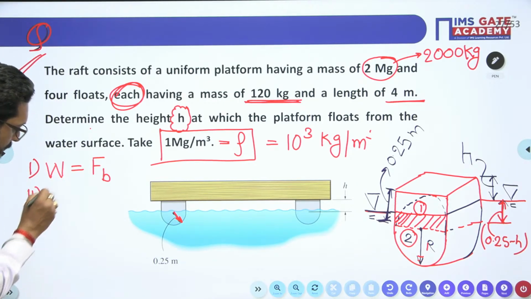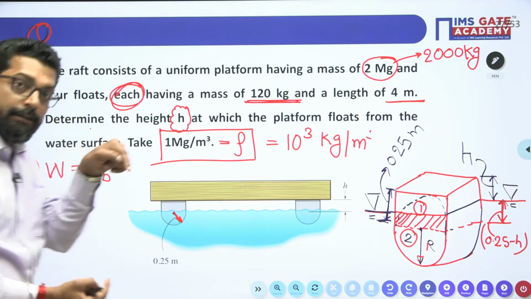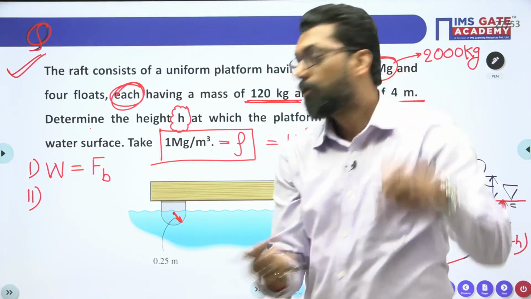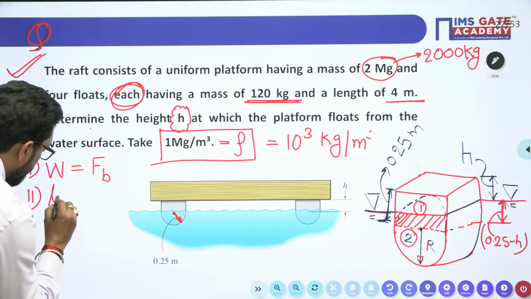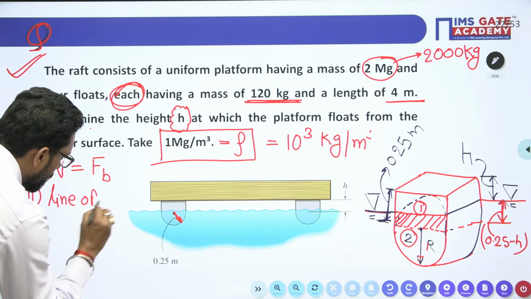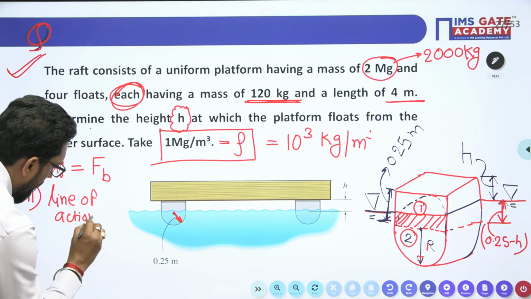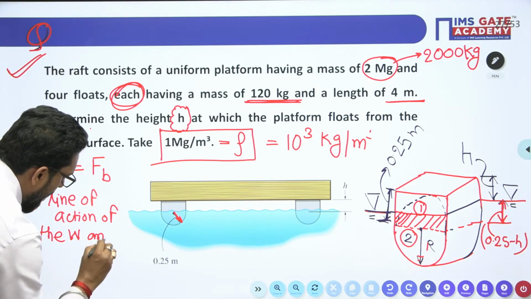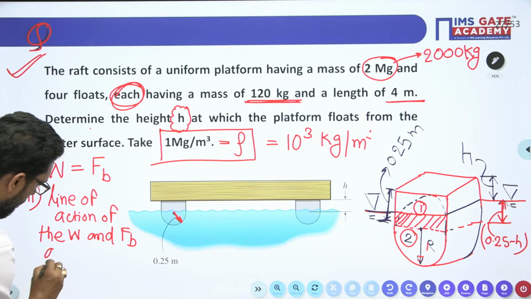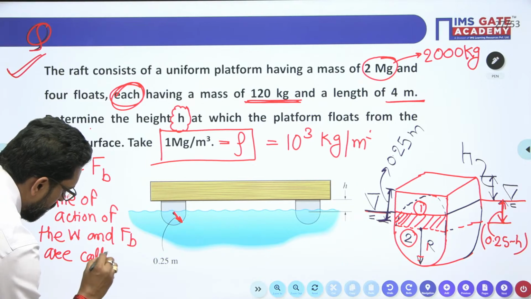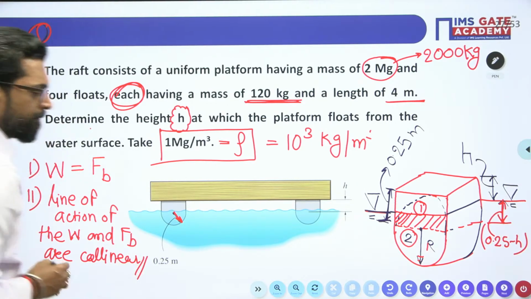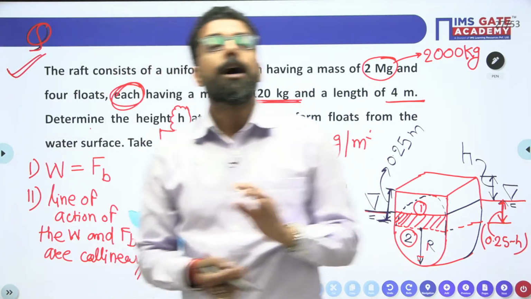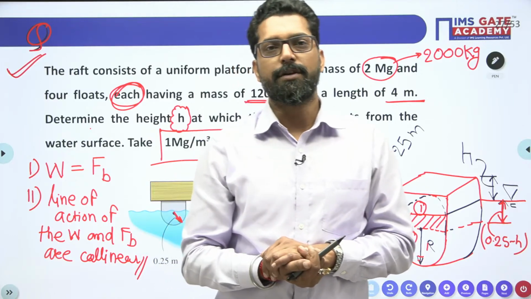And the second is that the line of action of the weight and the line of action of the buoyant force are both collinear. This is the equilibrium condition of a floating body or submerged body.